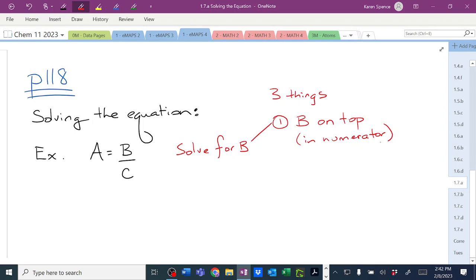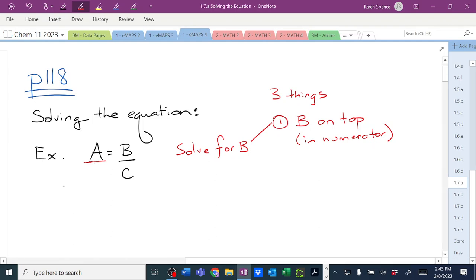If you can do it in your head, you're good to go. So we need to get B on the top. Like I said, if you can just already do this in your head, that's totally fine. I'm going to put a line there just to remind myself. And if you're totally done with all of this and you'd just like to do the homework, you can go on Teams and look at what our homework is.